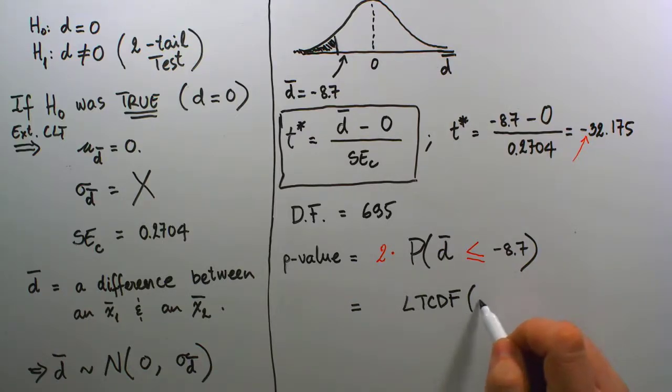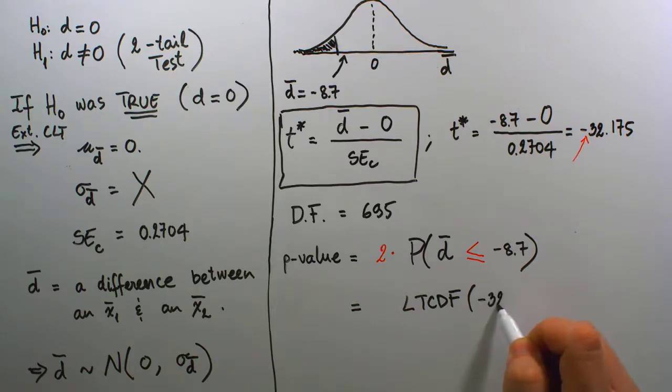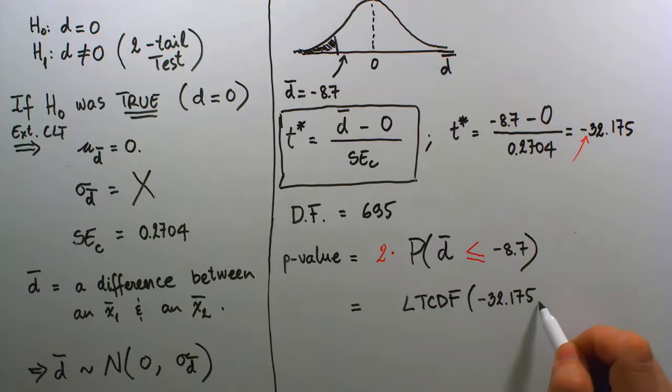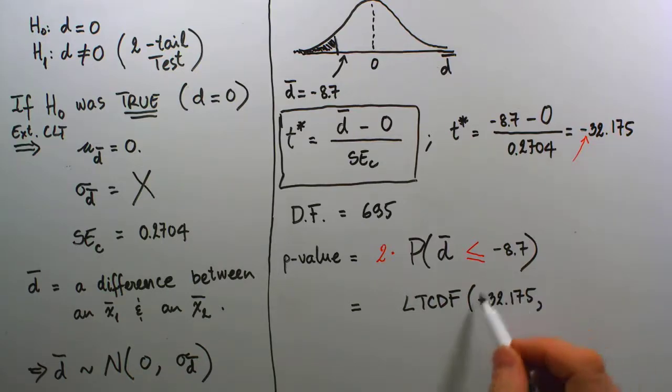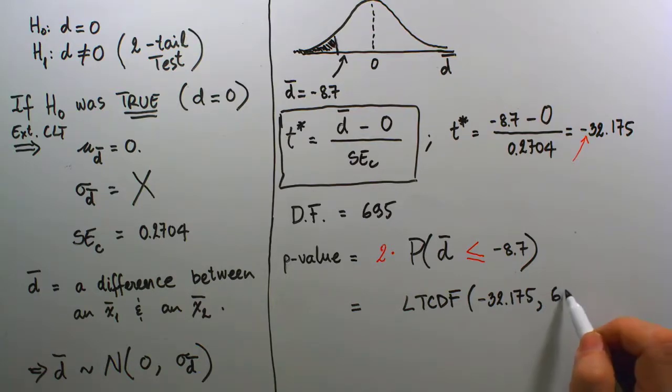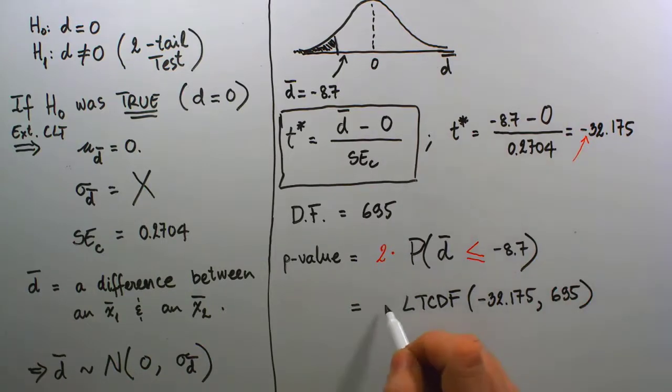So here we are going to give negative 32.175, and the next thing after the t-score, degrees of freedom will be asked for: 695. And then we'll multiply that result by 2.